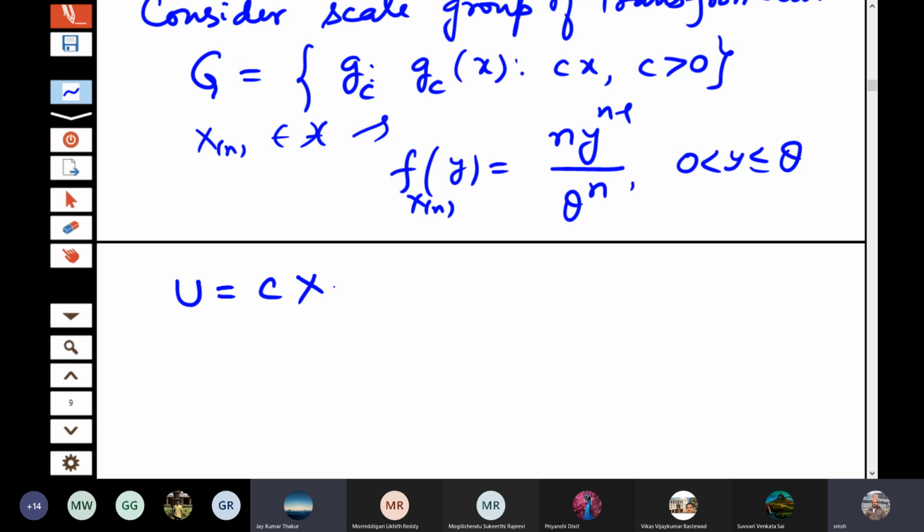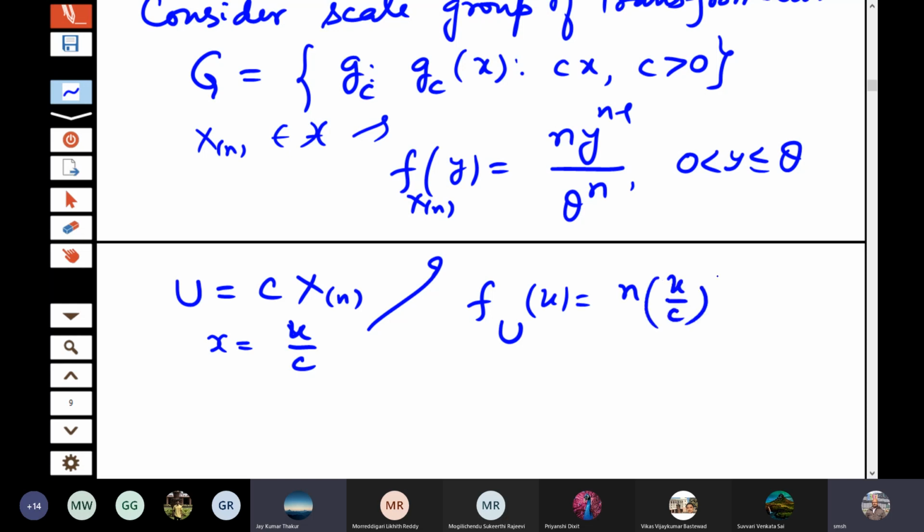So what is the distribution of that? If you consider simply this kind of transformation, in the density, if you put it, the density of u will become n times u by c to the power n minus 1 by theta to the power n, times 1 by c, and 0 less than u less than or equal to c theta.